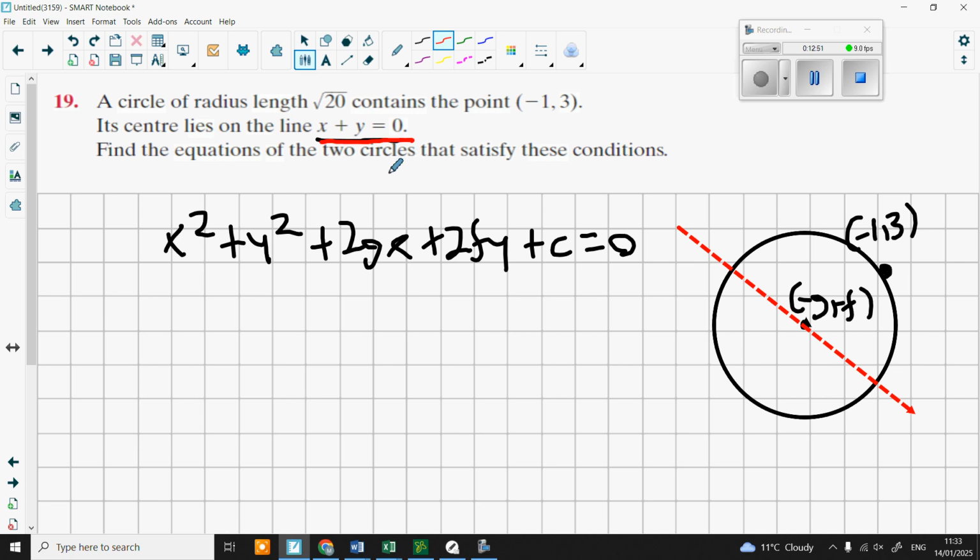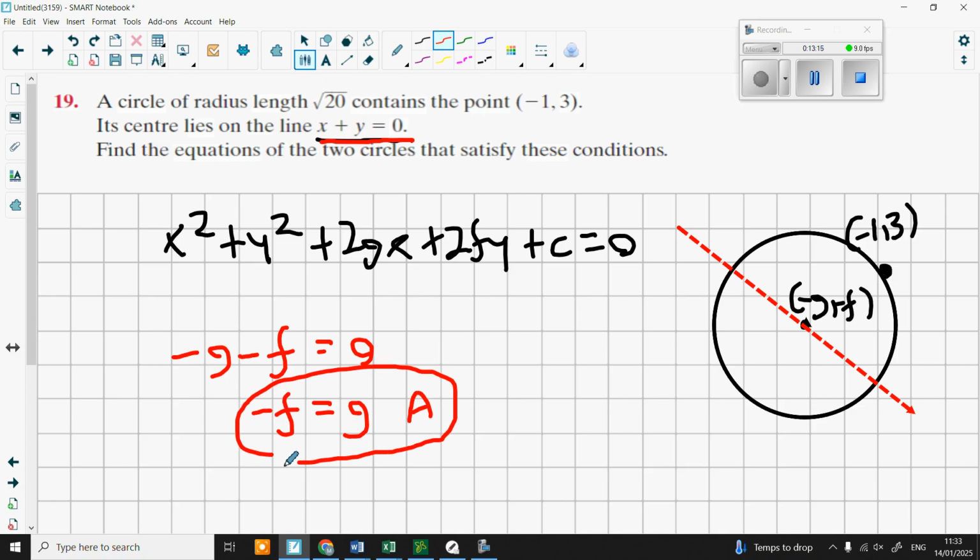That's the red line. Everybody got it? Now what can I say then? Minus g minus f satisfies the equation of that line. So therefore, minus g minus f must equal 0. Therefore, minus f equals g.